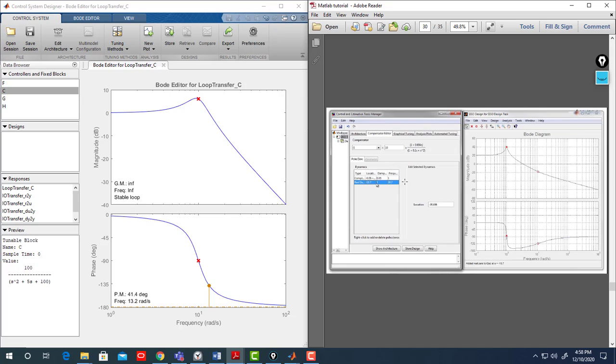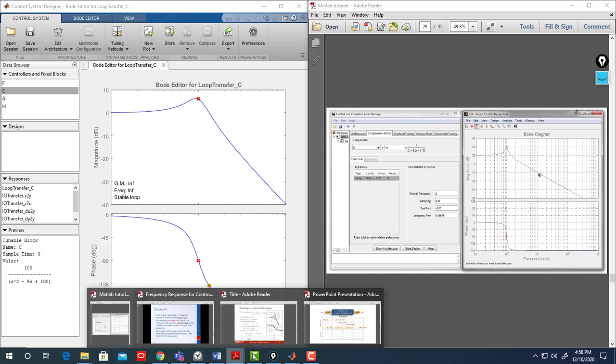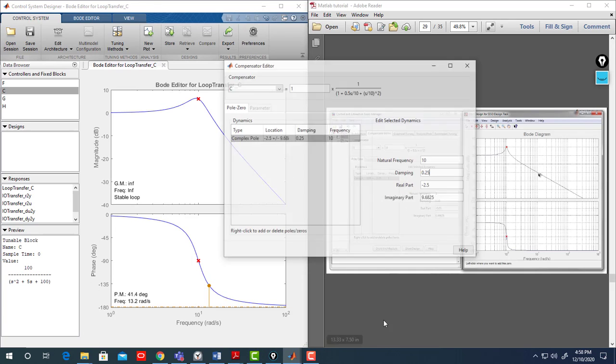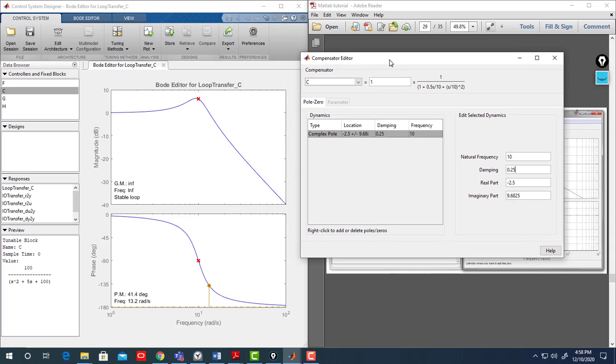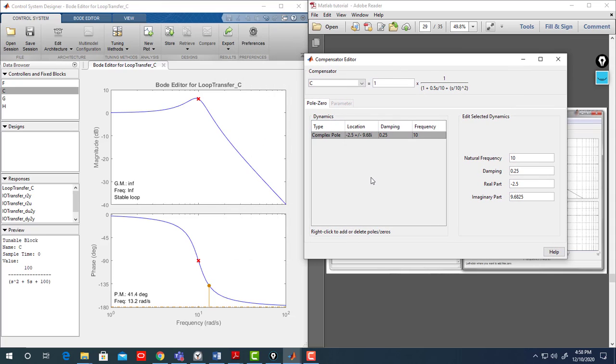So what if we add a 0 as they are doing here? They add a 0 at 10 radian per second. What will happen if we add a 0 at 10 radian per second? Let's add a 0. Right click, add 0.